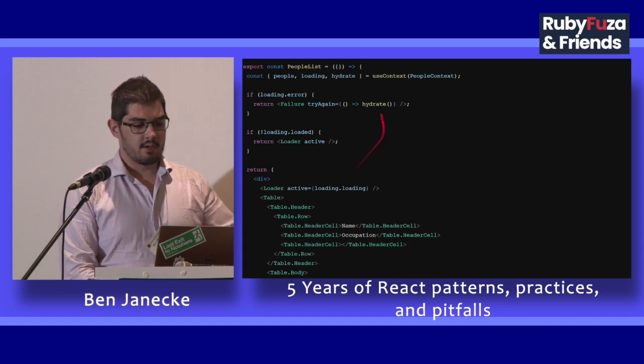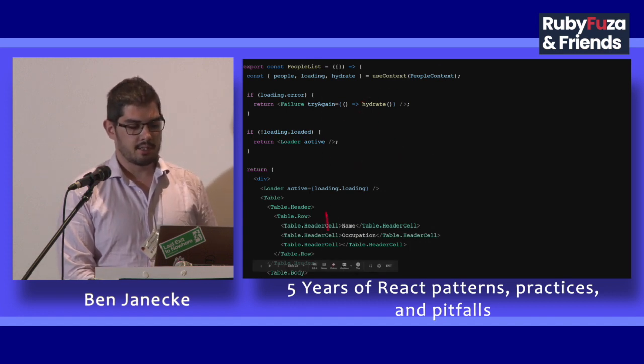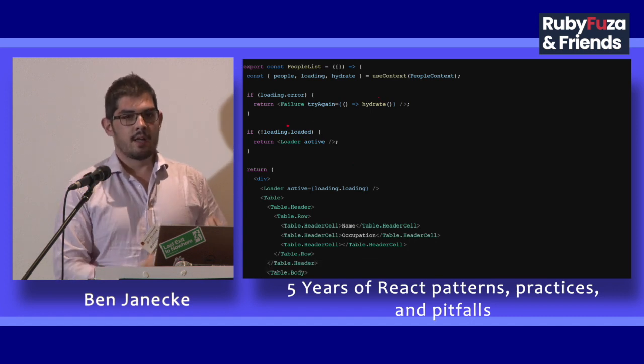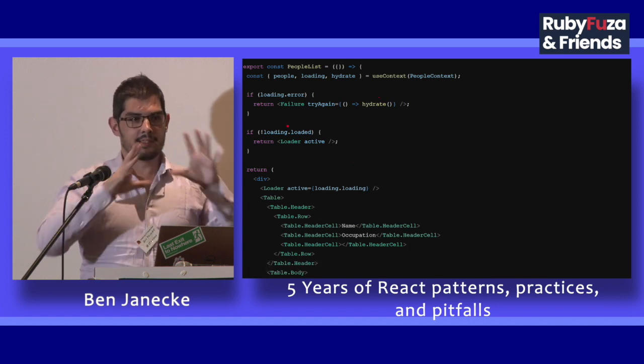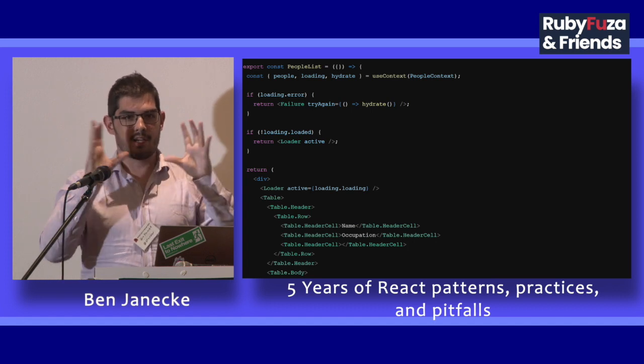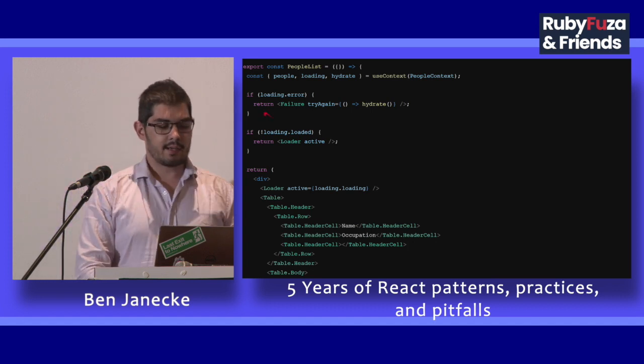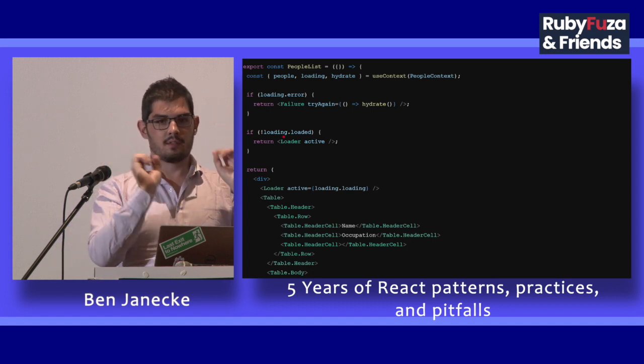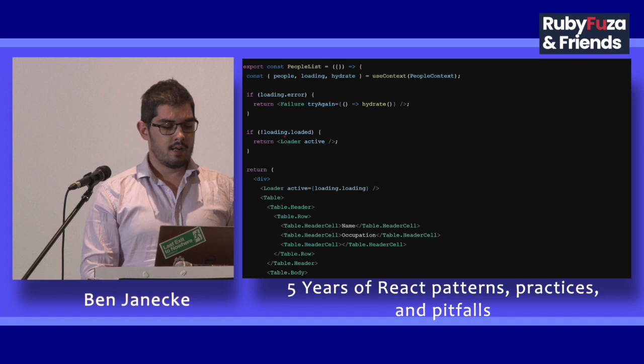So an example here is a people list. I'm rendering a table of people. Loaded is, have I ever had data for this thing? Have I done a fetch? So in that case, you want to display a full page or full area loading indicator.